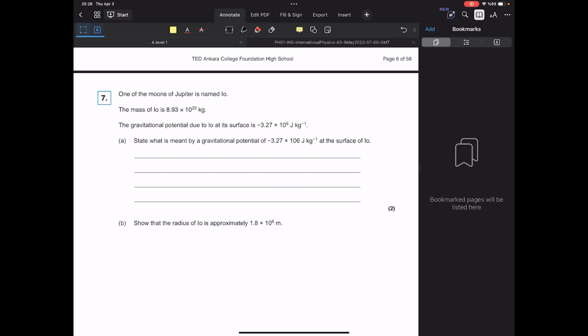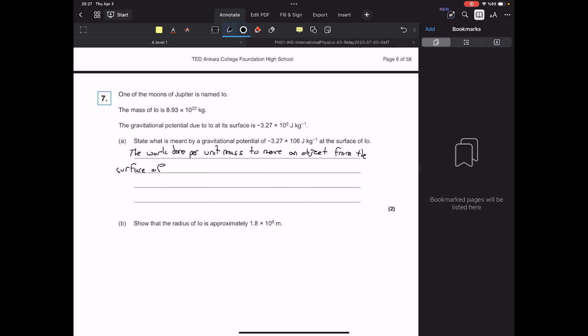So, okay, the gravitational potential is the work done per unit mass to move an object from the surface of Io to infinity, which is negative 3.27 times 10 to the 6 joule per kilogram.